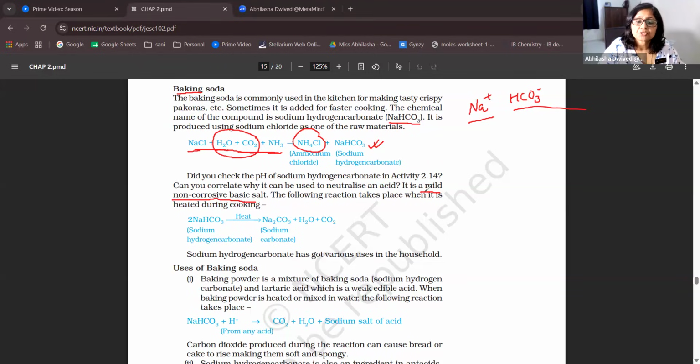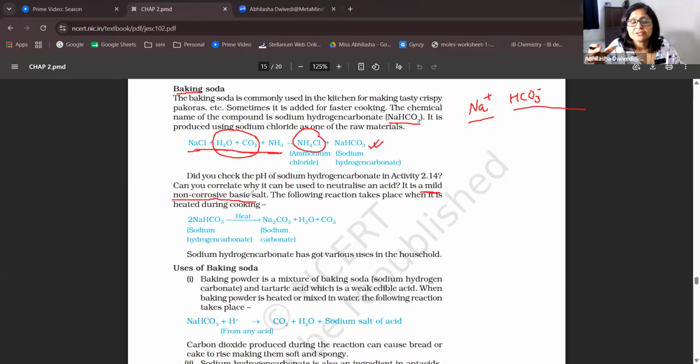What you also have to remember from this is that it is a mild non-corrosive basic salt. Why are we talking about that? Because it is in a lot of antacids, which help in relieving acidic reactions in the stomach. As you know, hydrochloric acid is present at a pretty low pH, in the range of 1 to 2 to 3.